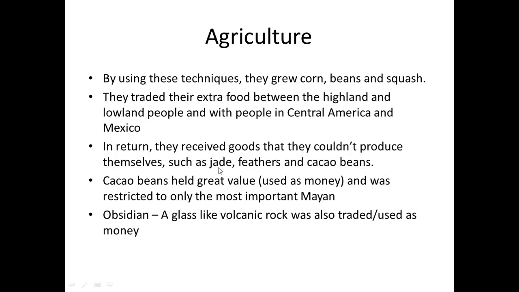Itong jade is considered as sacred stone for them. Today, we are using it as jewelries, but before, sa tabi ng dagat, hinahanap nila itong jade para i-carve at gawing idols. Idols are religious artifacts or religious items whom ginagamit nila for worshiping. So, importante ang jade sa kanila.